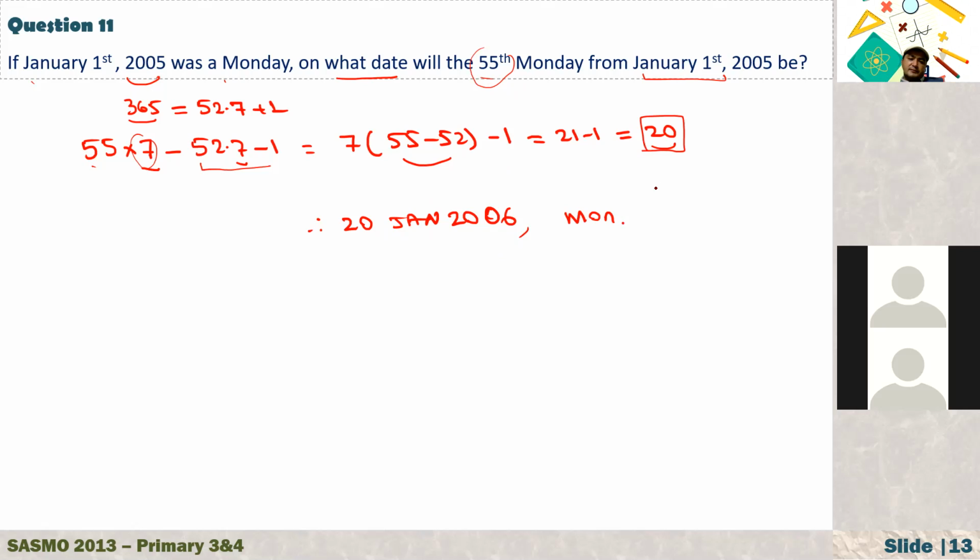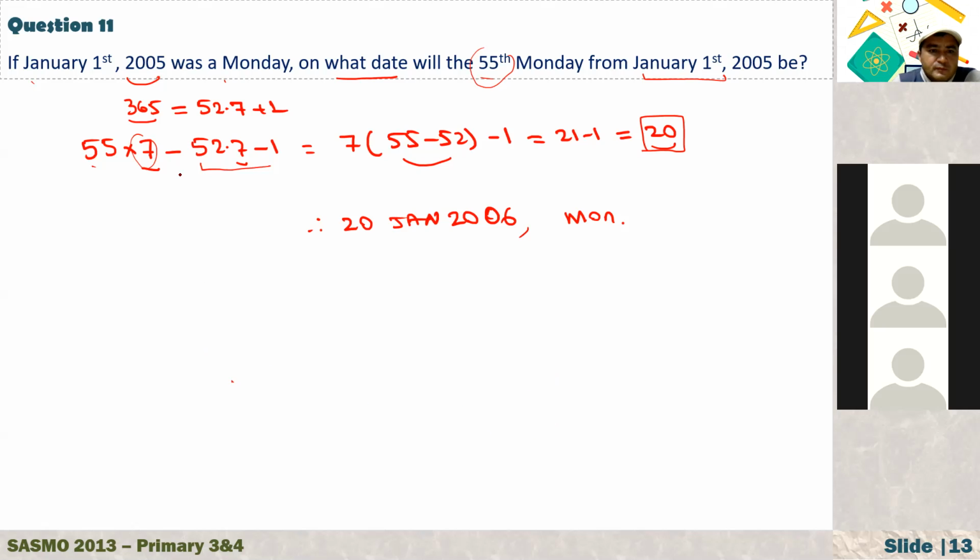Okay, Neil, did you understand? I understood. The only part that I didn't understand was how you got 7. In 1 week we have 7 days, right? Oh, okay. And where did you get 52 from?